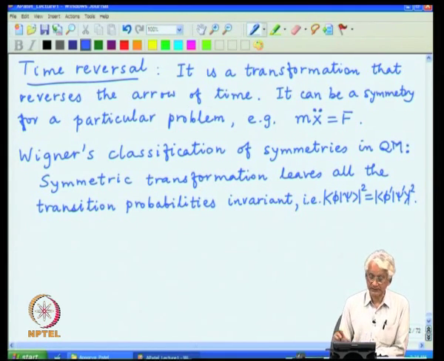And Wigner's classification basically listed all the things that can allow such an invariant of the transition probabilities.